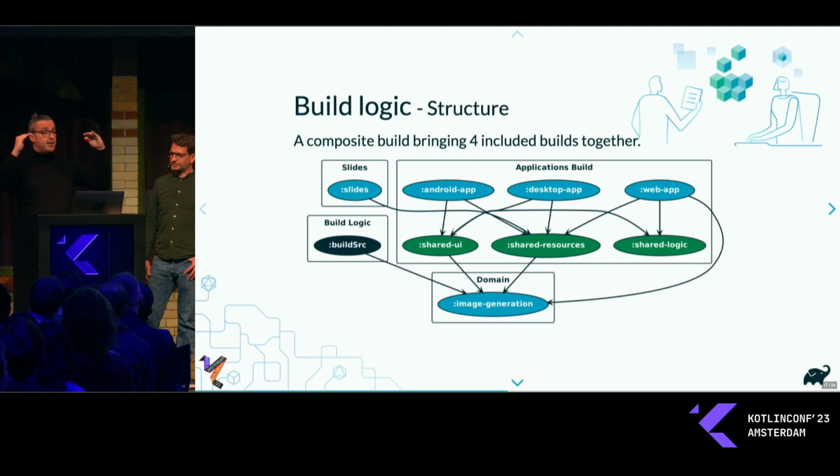So we have the main application build that builds the Android app, the desktop app, and the web app. And they share a lot of stuff. They share resources like these images that get generated. They share the main logic, as we just showed you, for loading the image settings, like storing the API key using this great Kotlin library called Multiplatform Settings.